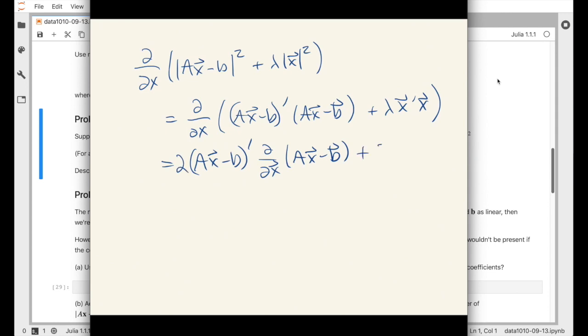And similarly for the second term, we're going to get 2 lambda x transpose times the derivative with respect to x of x. And so that's 2 (Ax minus b) transpose. And then the derivative of Ax minus b is just going to be A. And we didn't show that, but I'll leave it as an exercise.